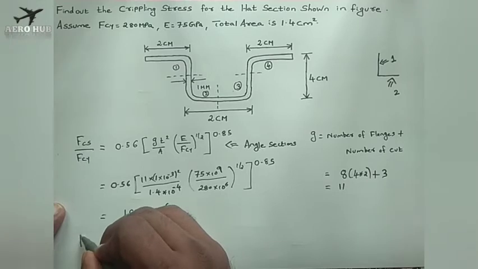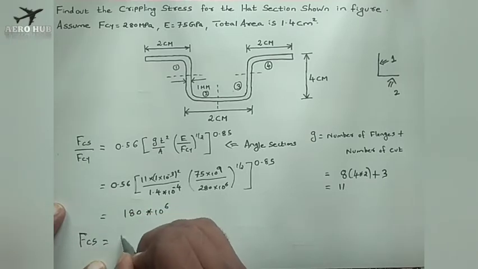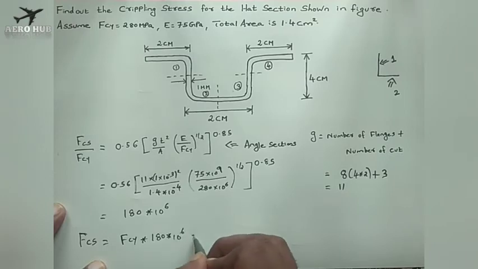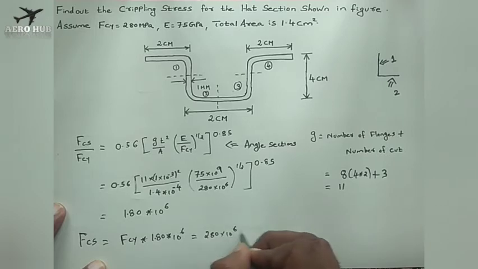So FCS will be equal to FCY into 180 into 10 power 6. FCY is 280 megapascal, so I will be getting, this is actually 1.8, okay, sorry for that, 1.8. So I will be getting 280 into 10 power 6 into 1.80 into 10 power 6.